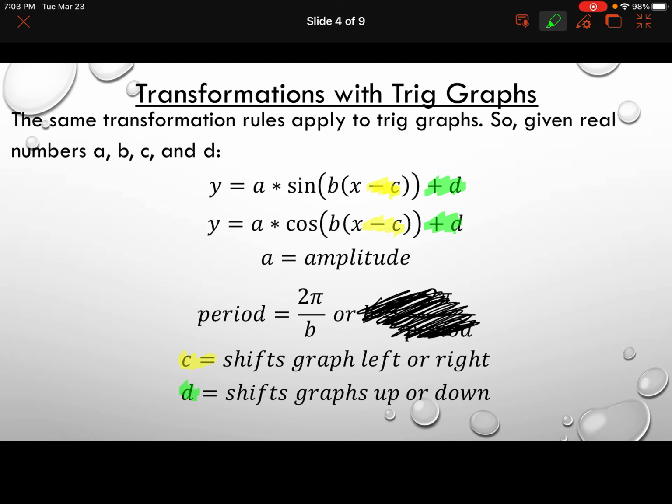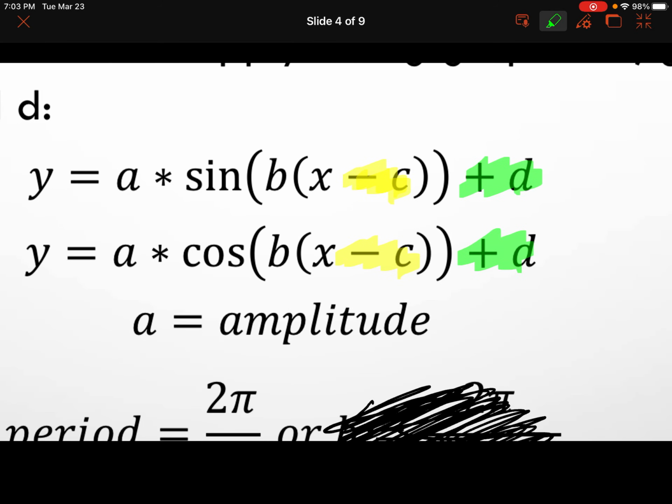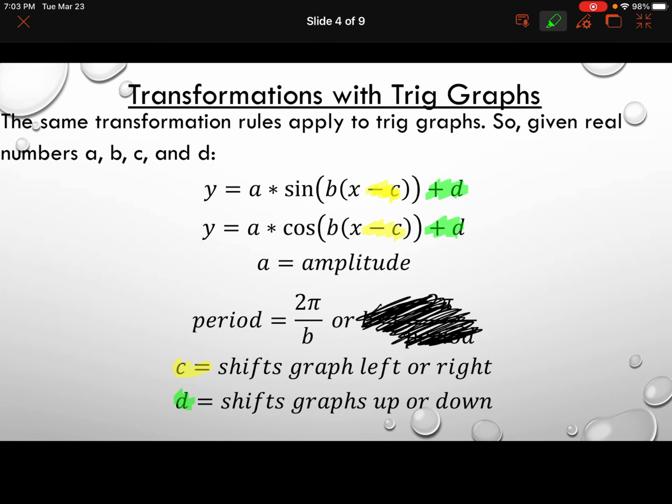Okay? So the transformations are going to work exactly the same way they worked for when we did other function equations, all right? Whether it be exponential functions, logarithmic functions, square functions, cubic functions, they're going to work the exact same way. Now, one thing that you'll notice, and this is important when you're writing equations, is that you'll see that the b value is outside a set of parentheses, okay?